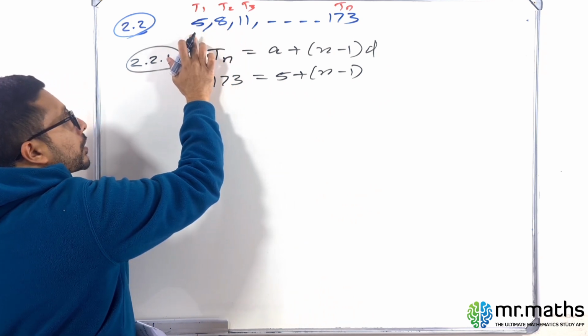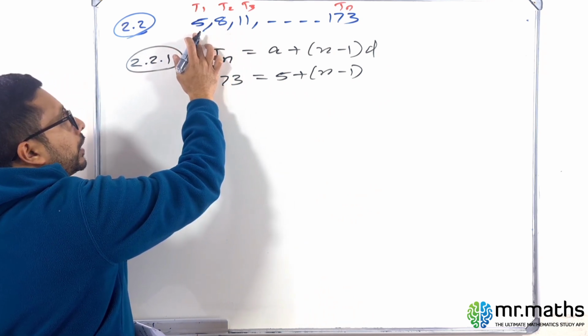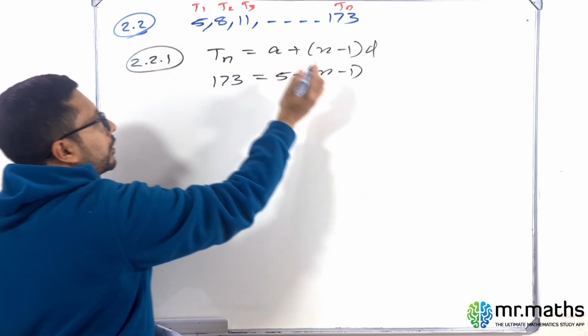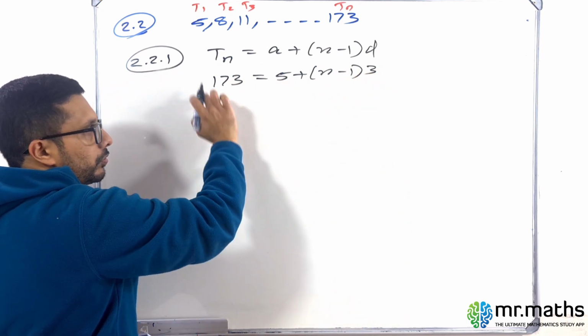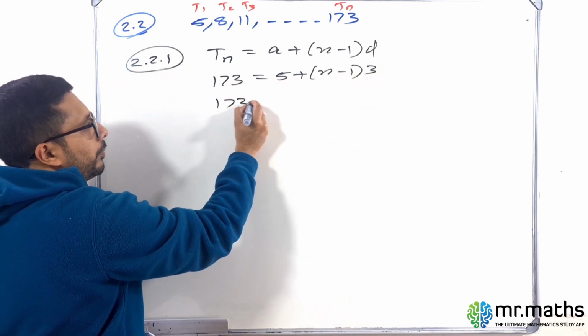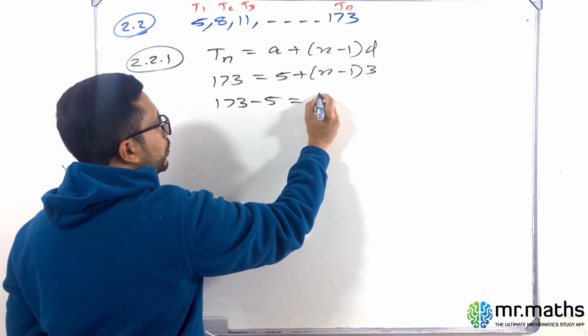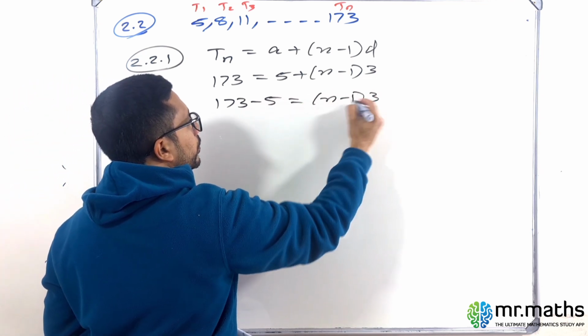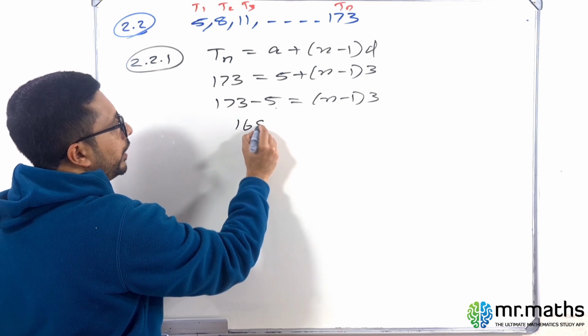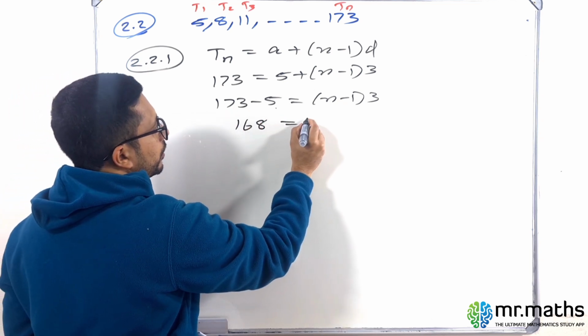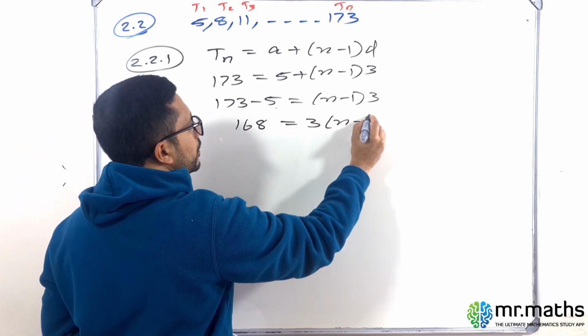Second term minus first term, 8 minus 5, is 3; 11 minus 8 is 3. So the common difference is 3. Take this 5 to this side: 173 minus 5 is equal to (n minus 1) times 3. So 168 is equal to 3 times (n minus 1).